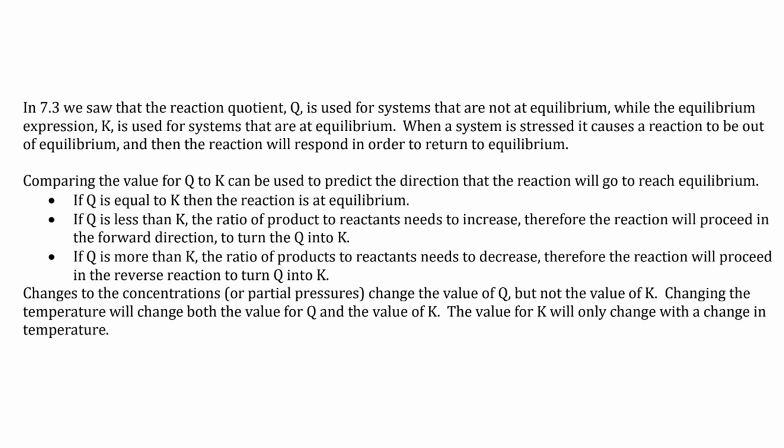If Q is equal to K, that means we are at equilibrium. If Q is less than K, that means K is greater. The ratio of the products to reactants needs to increase. Therefore, the reaction will proceed in the forward direction to turn the Q into K to make them equal.